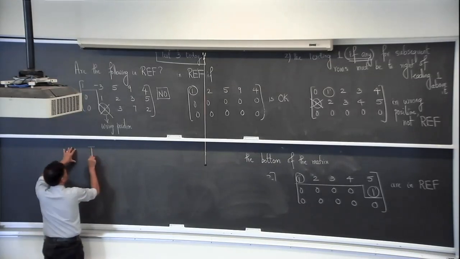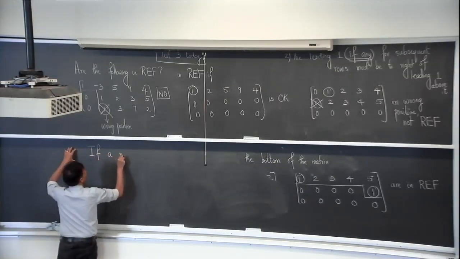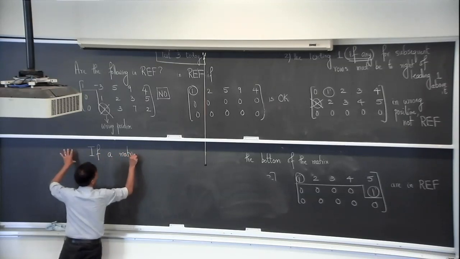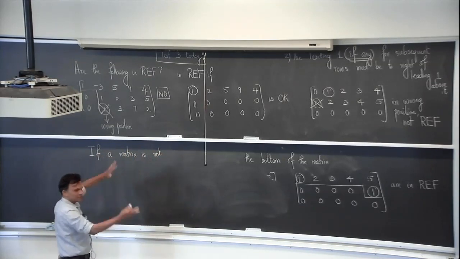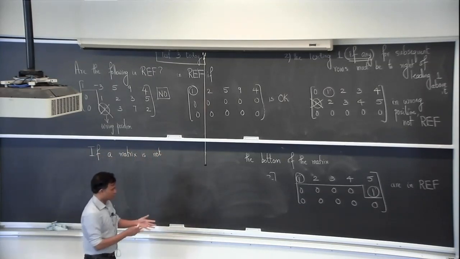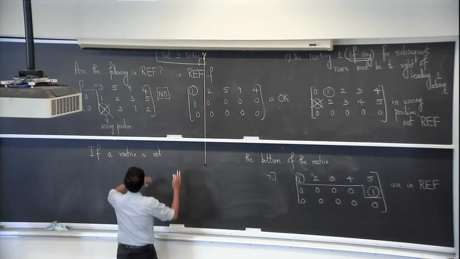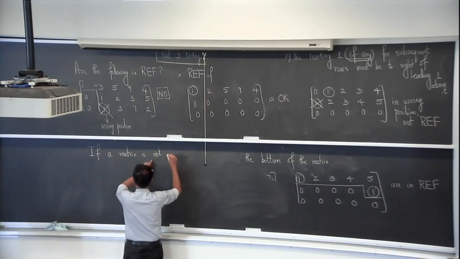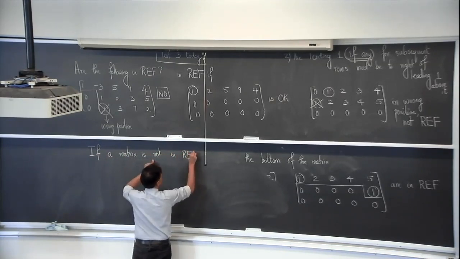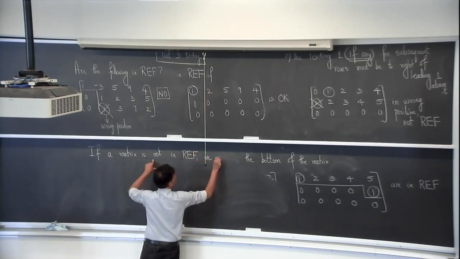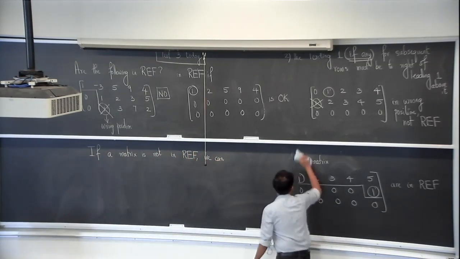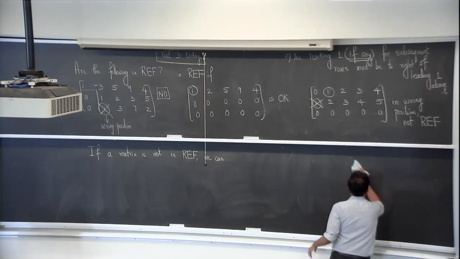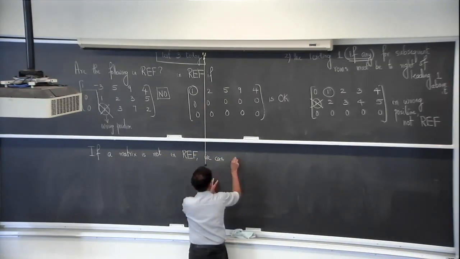So if a matrix is not an REF, which means that something is not right and they're in the wrong position, or the ones are offset by some columns or rows which are not supposed to be there, we can do the following elementary row operations.